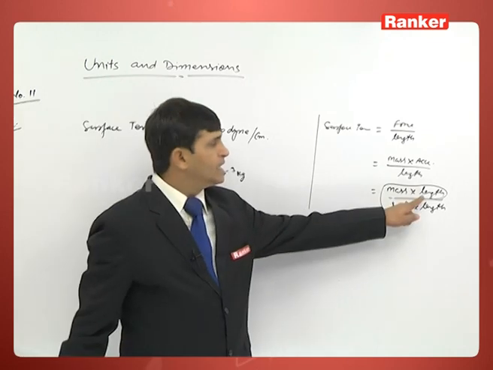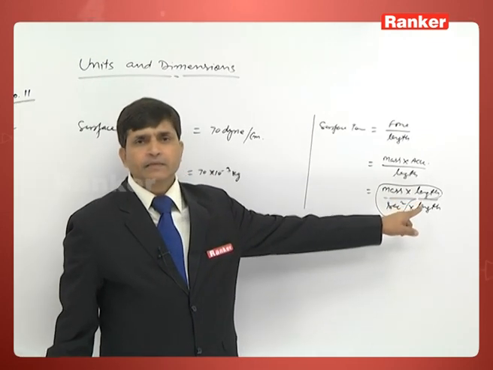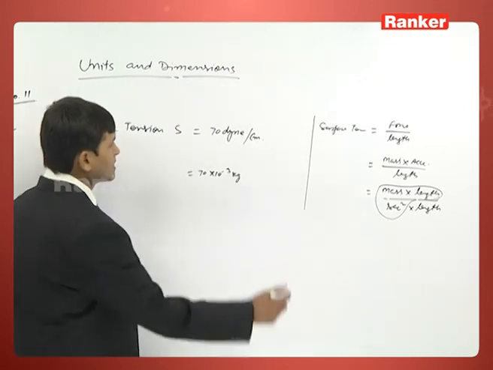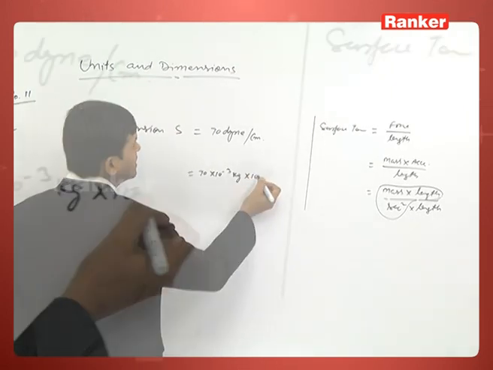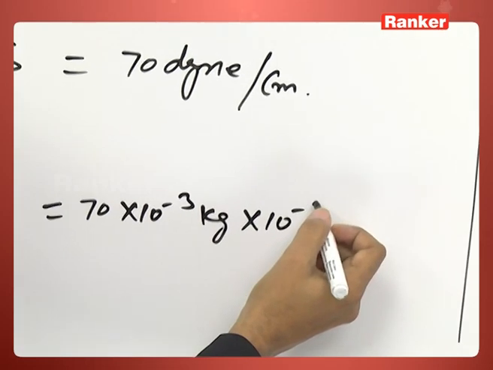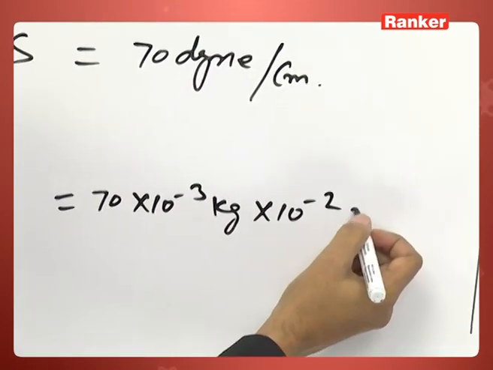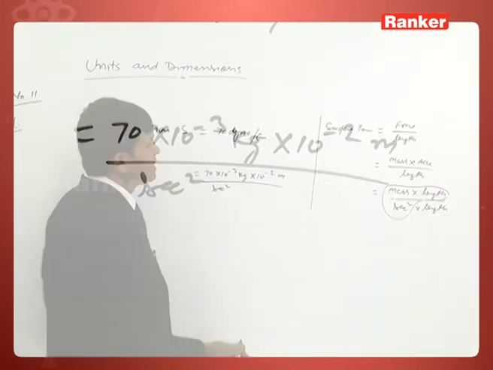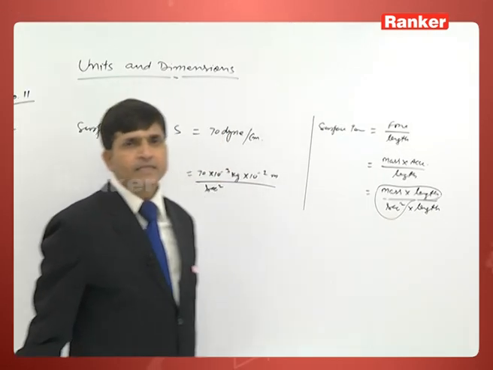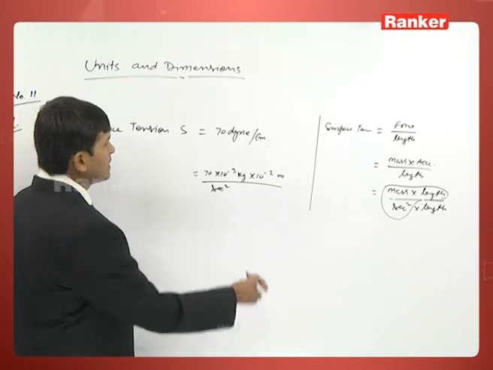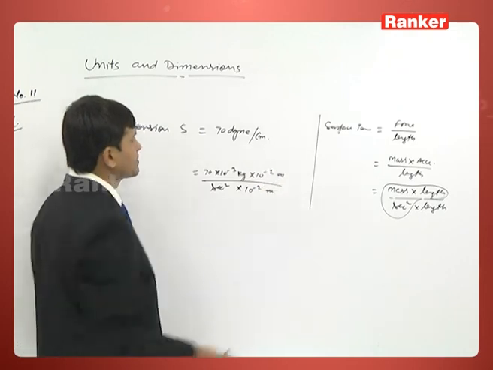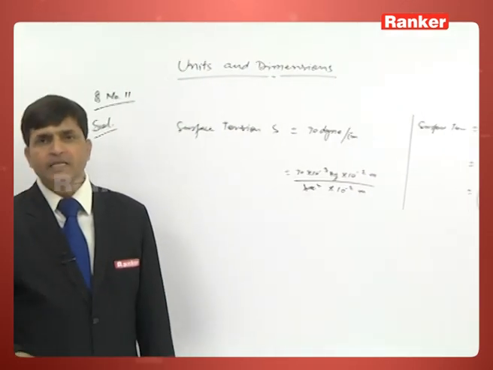Next, length. Length in the CGS system is in centimeter. Convert into meter, so 10 to the power minus 2 meter. Second square will remain as it is. Again length, in centimeter in the CGS system, is 10 to the power minus 2 meter in the SI or MKS system.